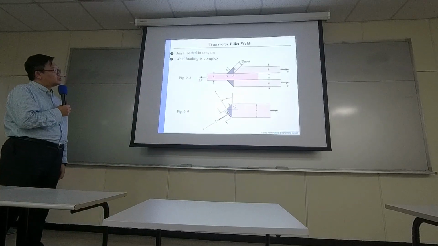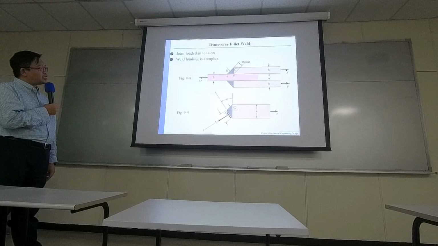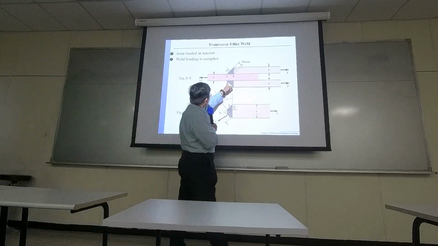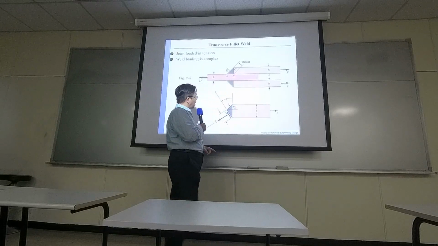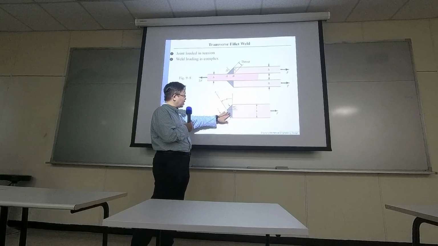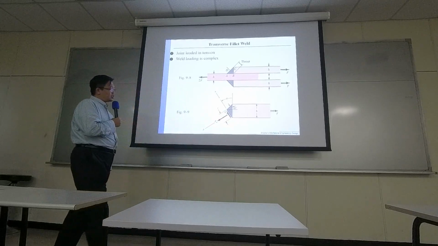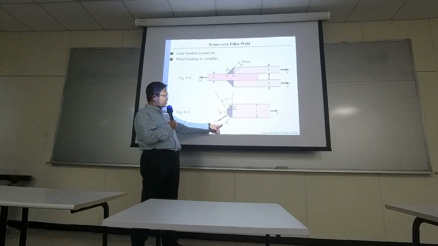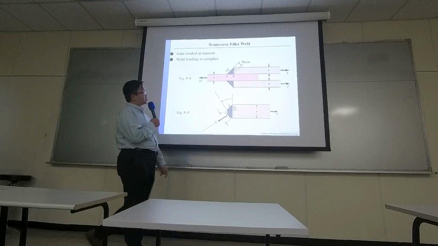So here it's making a cut right at BD, and then trying to show you the force inside the welding material. So there will be normal force and shearing force inside.